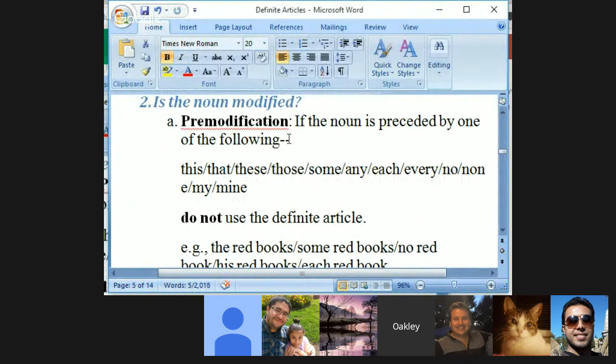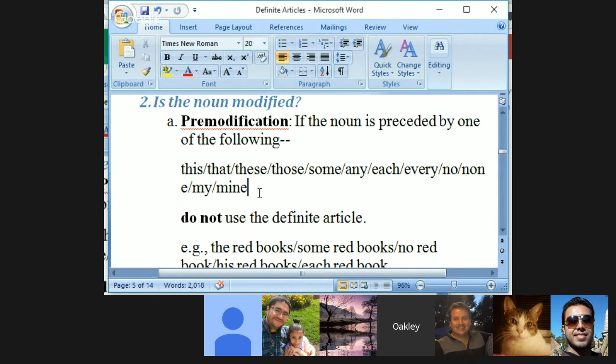Pre-modification: if the noun is preceded by any of these determiners, which I had already introduced: that, this, these, those, or modifiers, some, any, each, every, and many, many other quantifiers, by the way. No, none, me, mine.